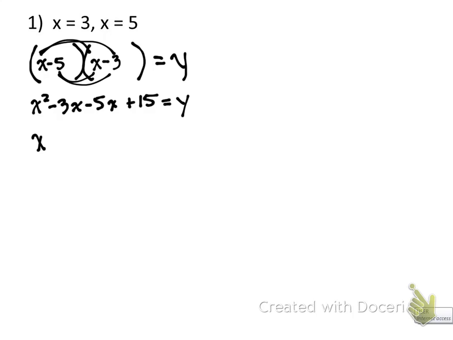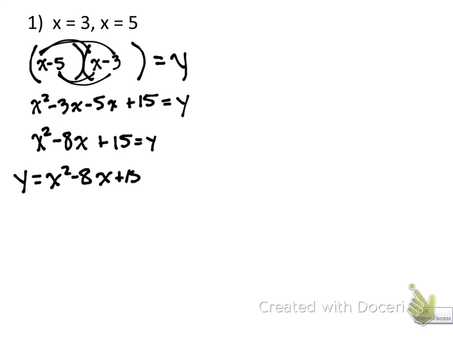X squared minus 8x plus 15 is equal to y. And I kind of like putting y in the front. Y is equal to x squared minus 8x plus 15. That's it. This is the quadratic now, okay? That's number 1.